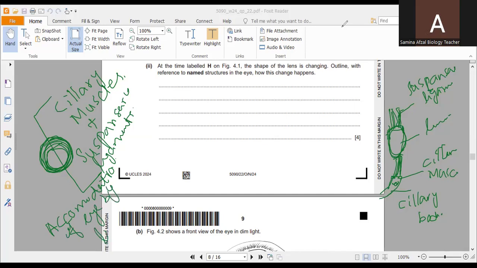These ciliary muscles are around the lens, and suspensory ligaments hold the lens. So in this way, these two structures are responsible for each other.